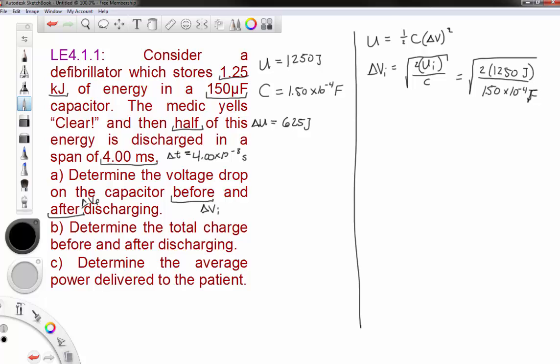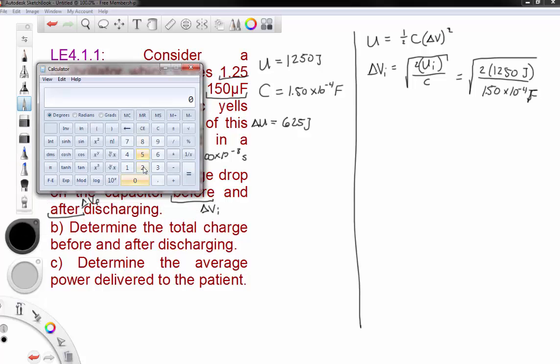So throw that into the calculator: 2 times 1250 divided by 1.5, and then that's divided by another 10 to the minus 4.